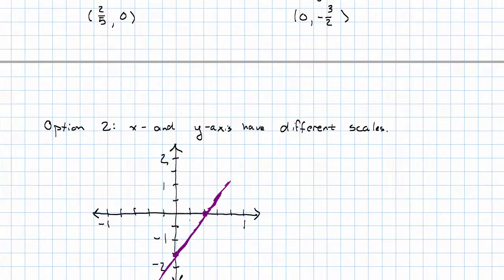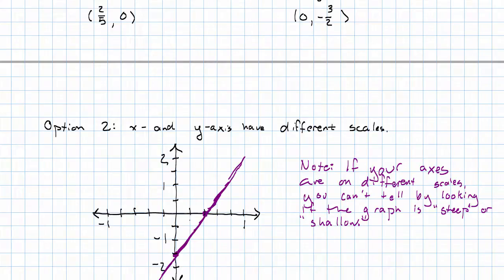Beware, however, we talked about those steep, shallow things with slope. If your axes are on different scales, you can't tell just by looking whether your graph is steep or shallow, because this distance here is actually much, much smaller than this distance here.